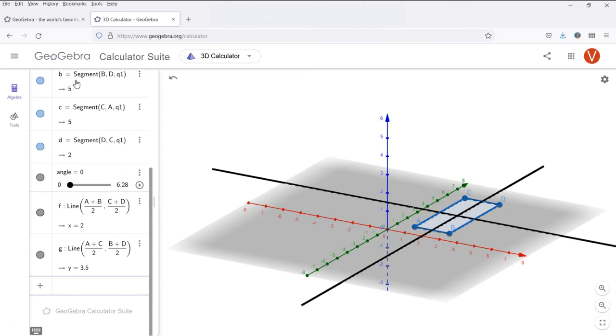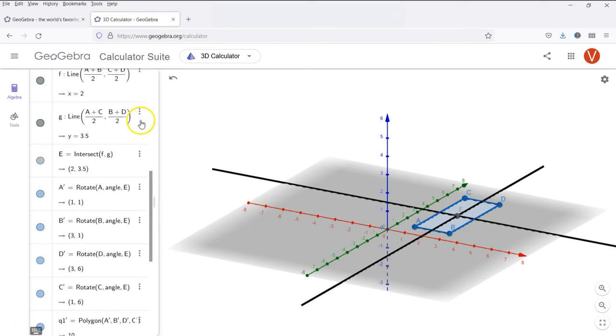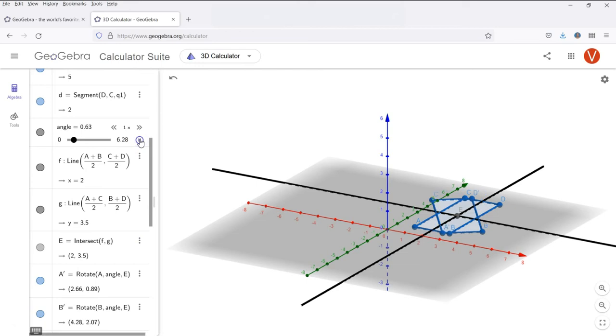So let's make that the intersect of F and G. Now let's rotate Q1 by this angle around E, and let's see how it looks. So after every 180 degrees, it will get aligned.